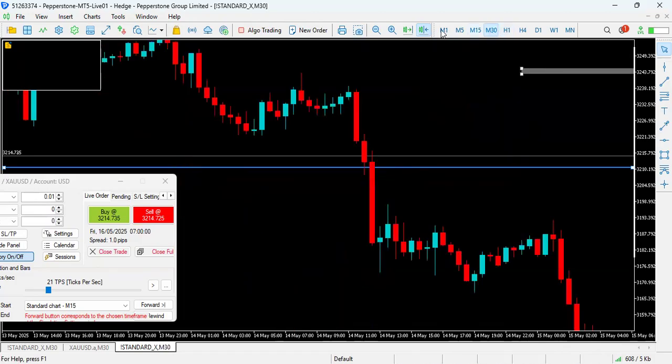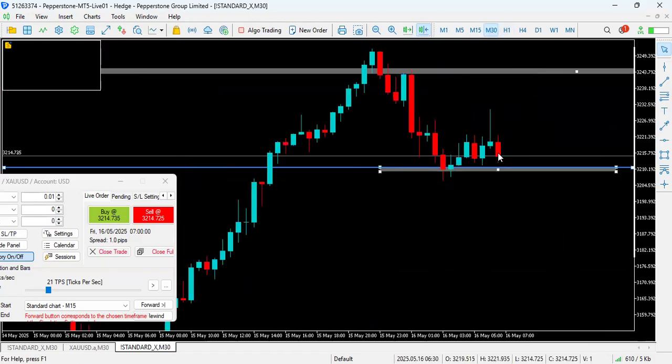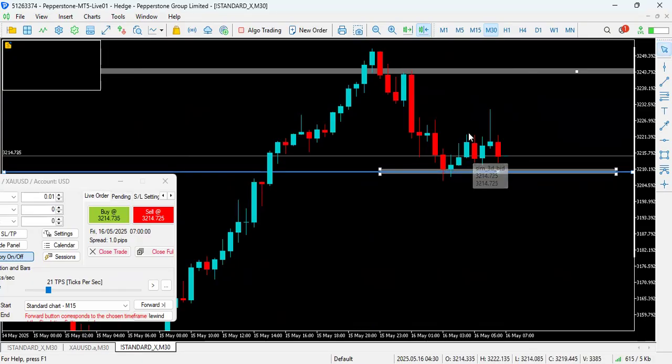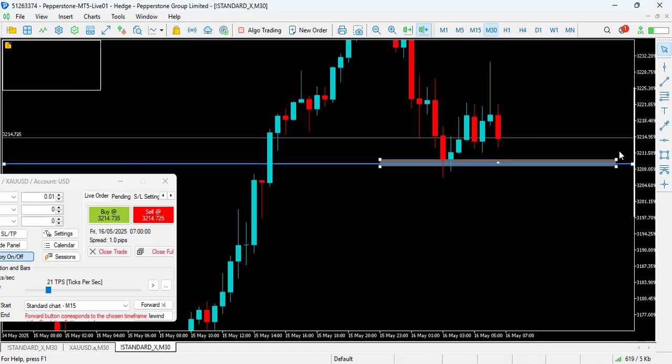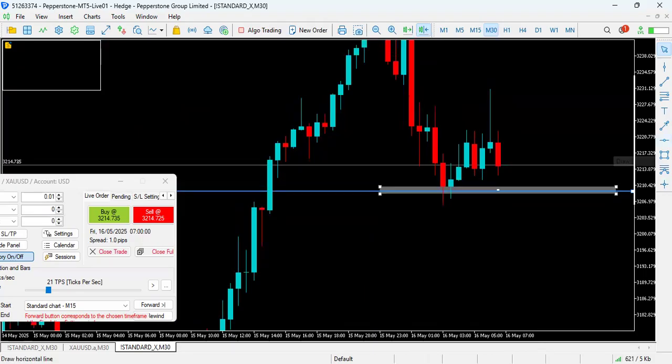So let's move towards the 30-minute time frame. Looking at the 30-minute time frame, I need to adjust something at this point. So this is the support and this is the resistance. At the same time, what you can see is the most recent resistance at this point, where you can find a lot of rejections.